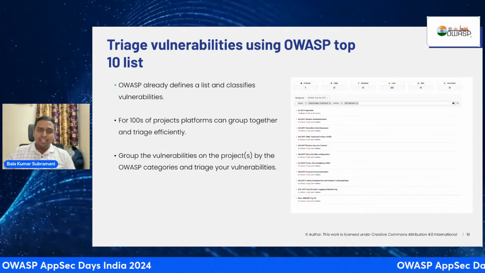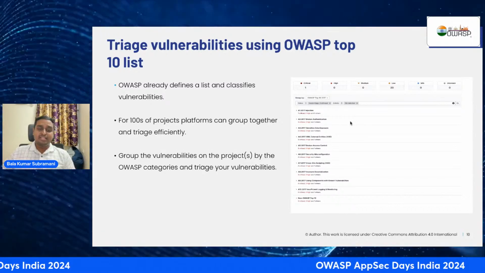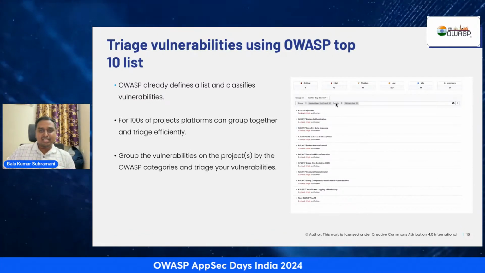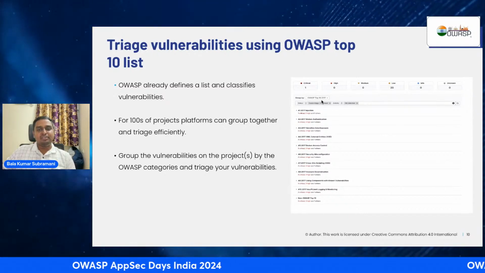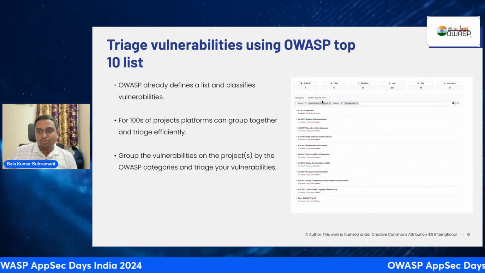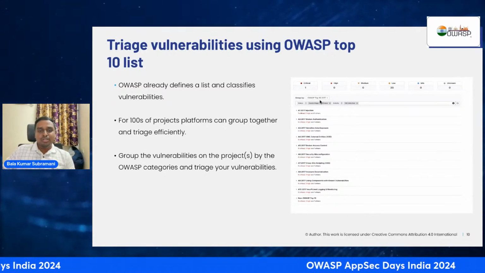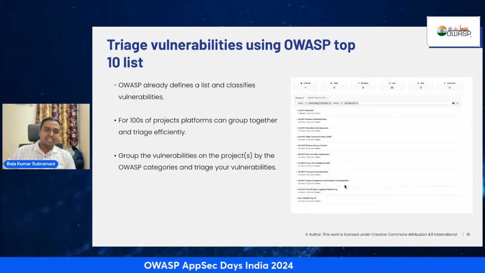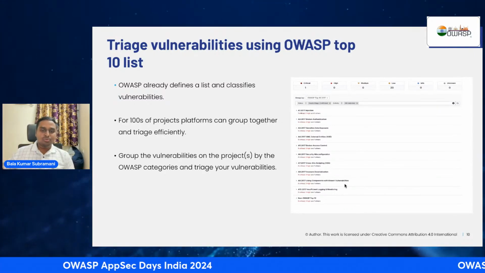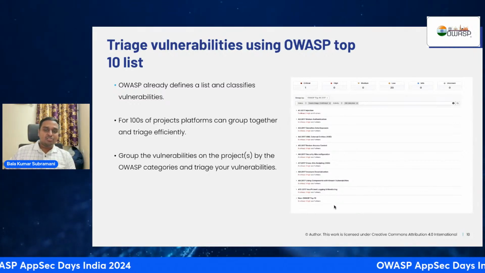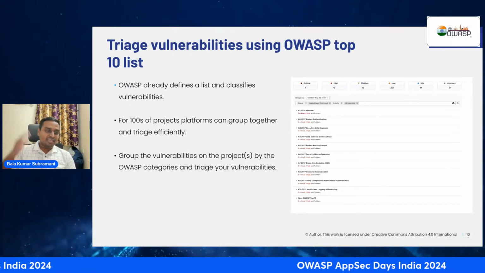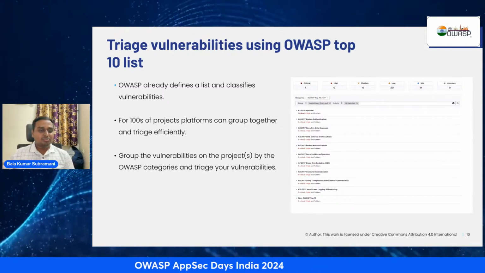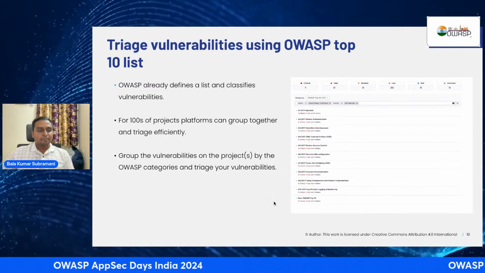This will be handy if there are thousands of projects. In this case, this particular platform is grouping the vulnerabilities belonging to that particular repository group by the OWASP Top 10 2017, categorizing from A1 2017 to A8 2017. So this way we get an overall picture, as well as knowing the top priority vulnerability that has to be fixed, and a quick follow-up can be done.